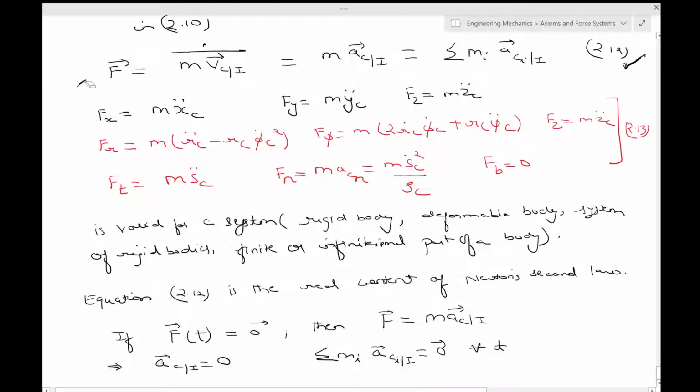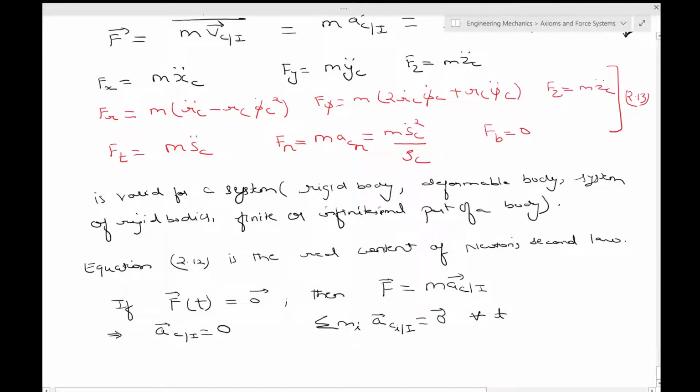Now this implies, if the acceleration of the center of mass is equal to 0, that the velocity of the center of mass in the I frame at time t is equal to velocity of the center of mass in the I frame at t equal to 0.